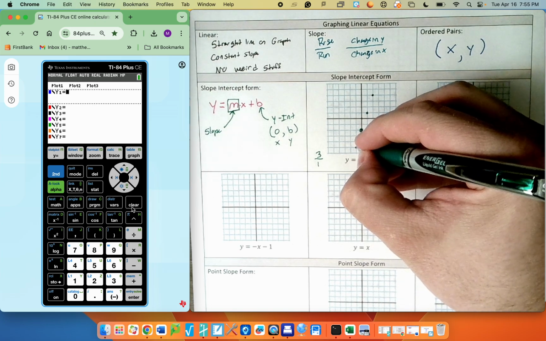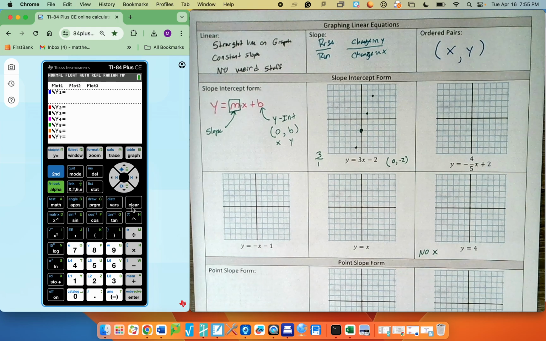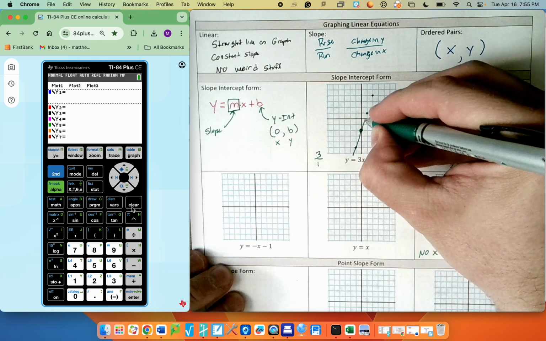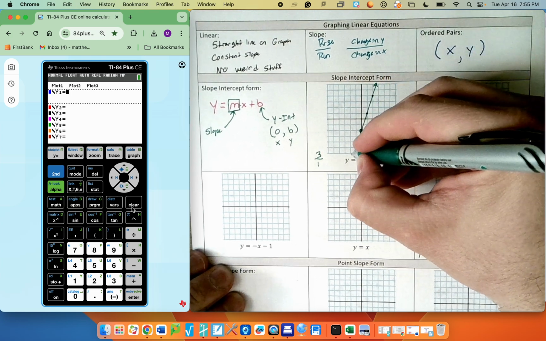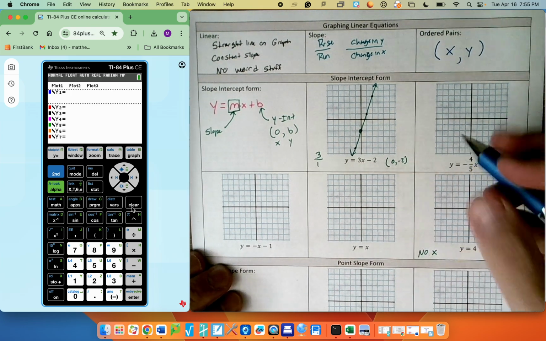We can go the opposite direction as well. Then we graph our line. There it is. Moving on to the next one.